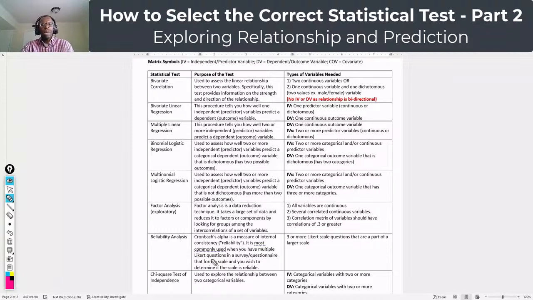Okay. Cronbach's alpha is a measure of internal consistency. And so essentially it's asking, is there consistency in the way that people are answering the questions? Are their answers consistent? So anything that's 0.7 or above indicates acceptable consistency in the way they are responding to the questions.